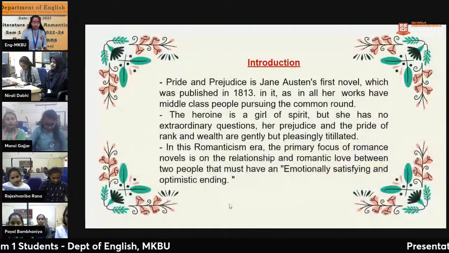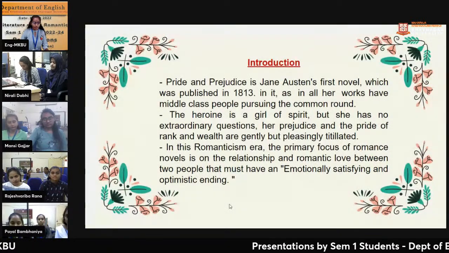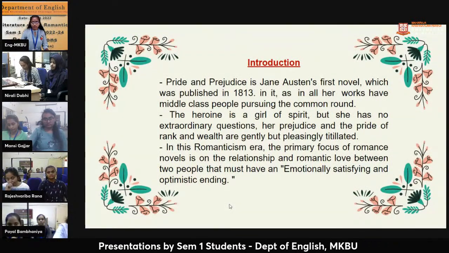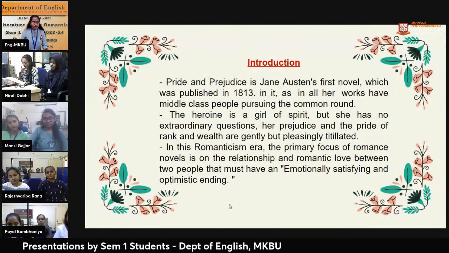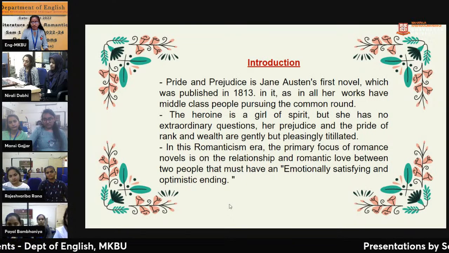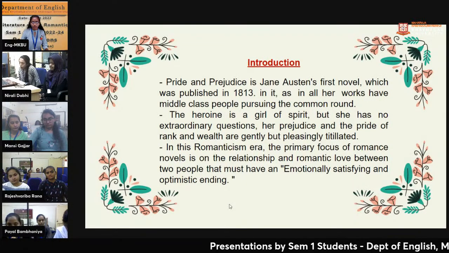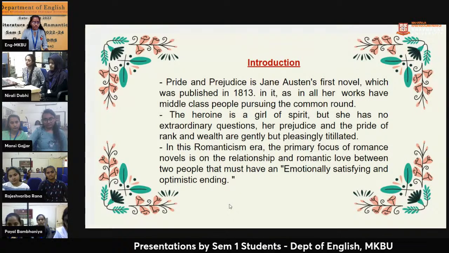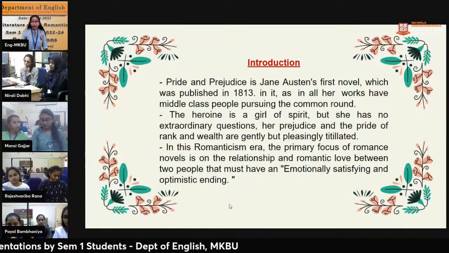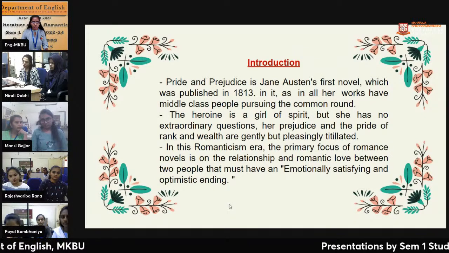The introduction of this novel. Pride and Prejudice is Jane Austen's first novel, which was published in 1813, and in it, as in all her works, have middle class people pursuing the common round. The heroine of this novel is a girl of spirit, but she has no extraordinary qualities.